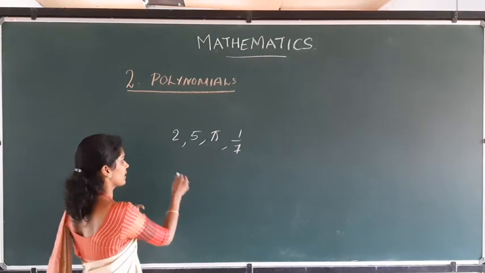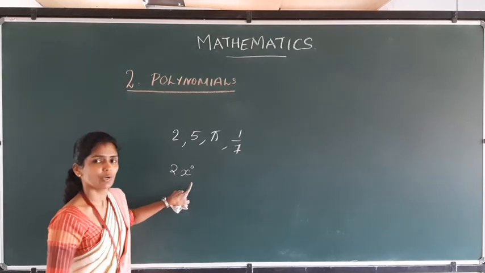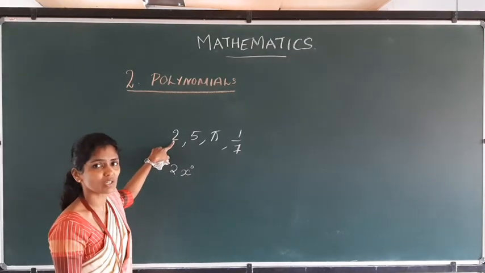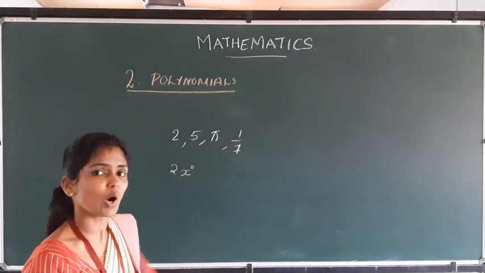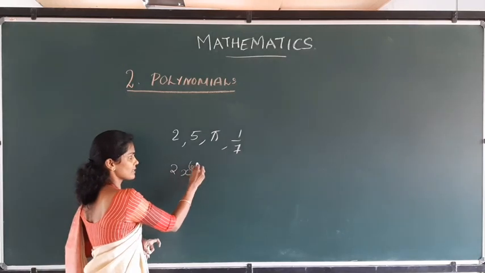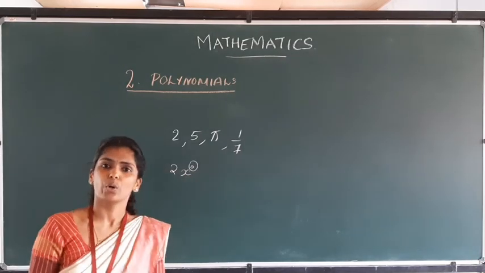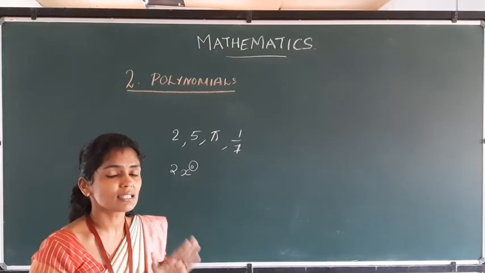In the last class, we have studied that 2x raised to 0 is a form of a constant polynomial. We got these constants as constant polynomials. What is the degree of these constant polynomials? That is 0. Degree of a constant polynomial is 0.